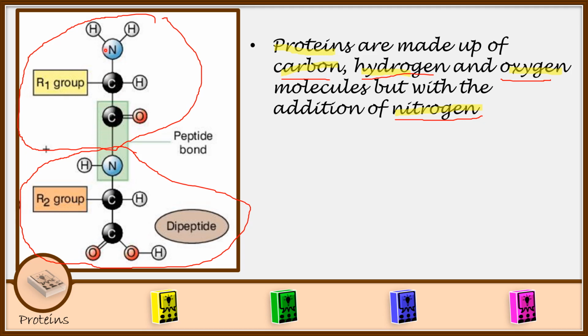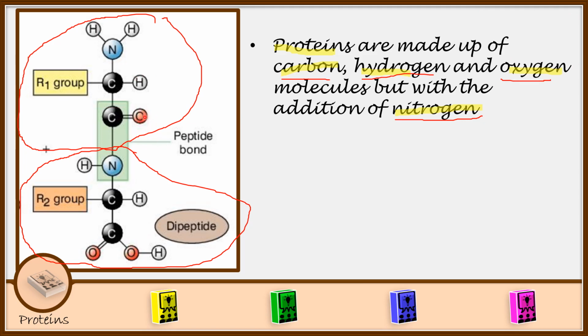So let us try to look at the components or the molecules that make up the protein. We have said it is made up of carbon, and here we can see there are carbon atoms. We have carbon here in this amino acid. It is made up of hydrogen. Hydrogen is here. There is oxygen.